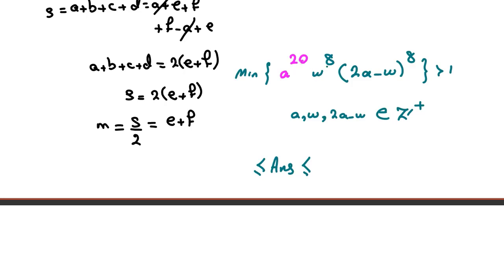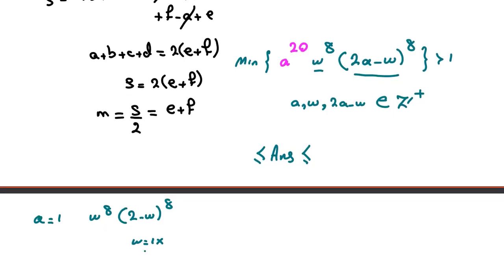If we can have, for example, w equals 2, or negative 2 or 2, it will be better. So if a equals 1, it will be w to the 8, 2 minus w to the 8. So it should be positive. W, if w equals 1, it is bad.